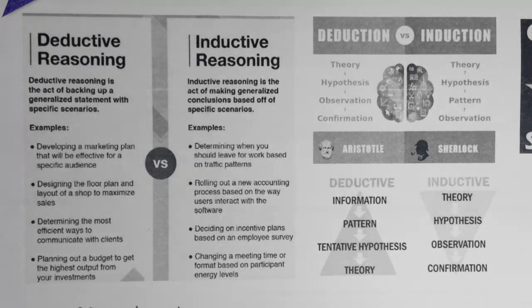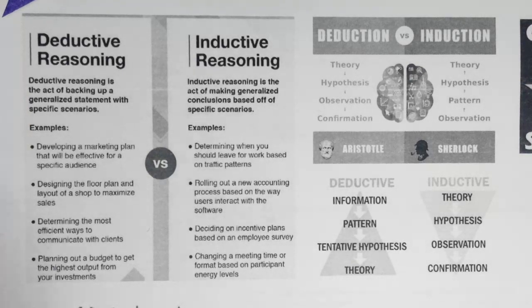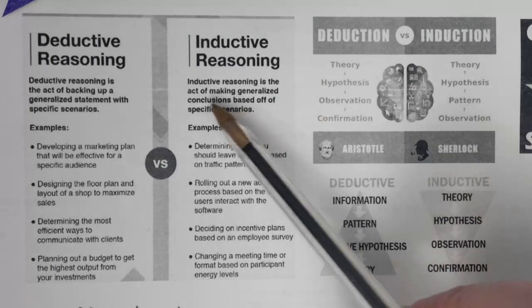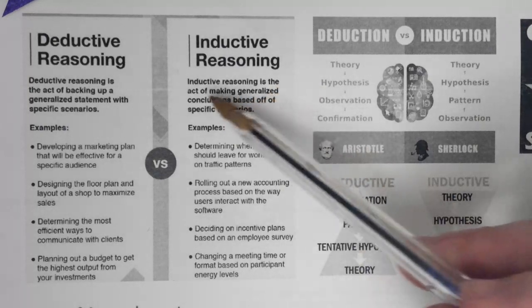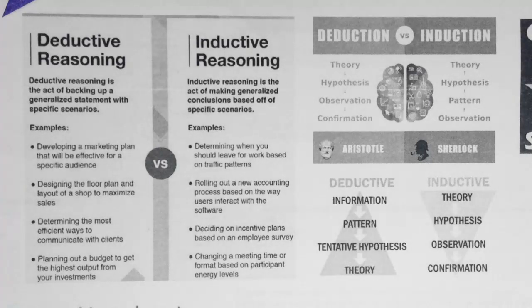All right, so deductive reasoning is the act of backing up a generalized statement with specific scenarios. And here's a list of examples. Inductive reasoning is the act of making generalized conclusions based off specific scenarios.